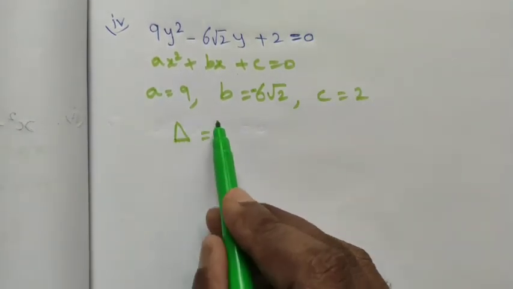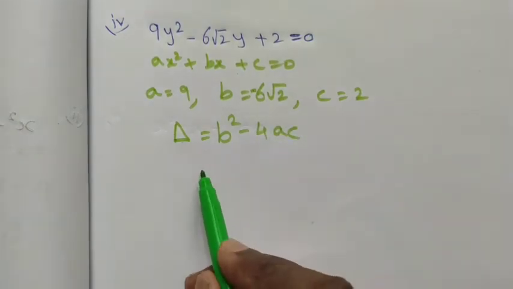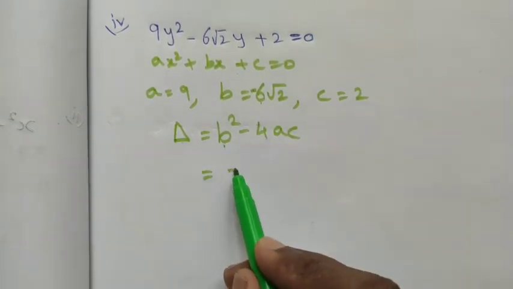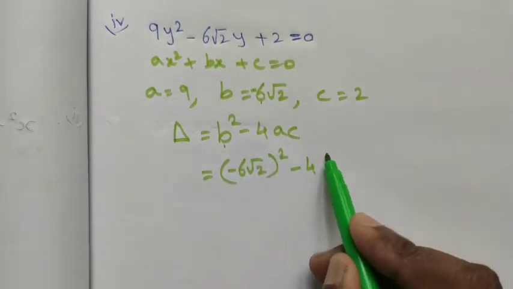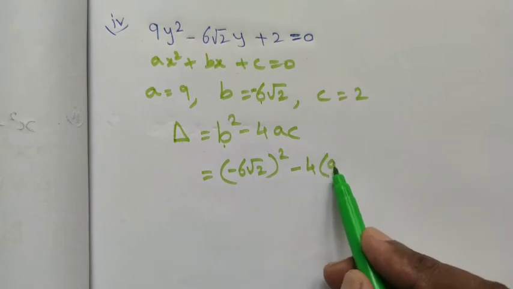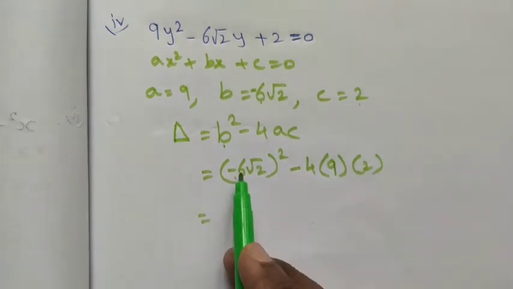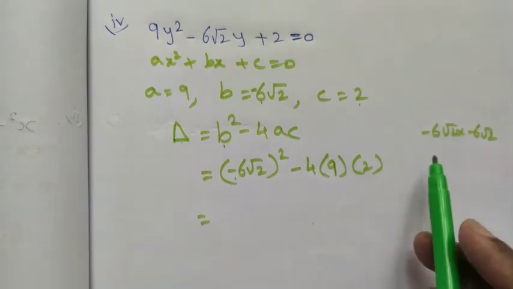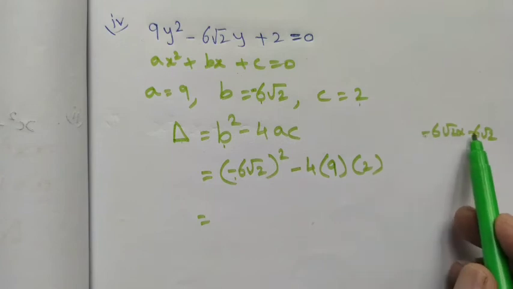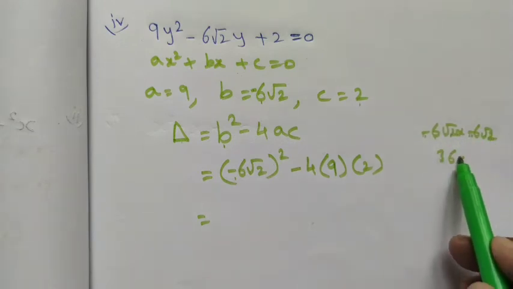The discriminant is, we know the formula, b square minus 4ac. Then b is minus 6 root 2 whole square minus 4 into a is 9 and c is 2. Now minus 6 root 2 into minus 6 root 2: minus into minus is plus, 6 6s are 36, root 2 into root 2 is 2.